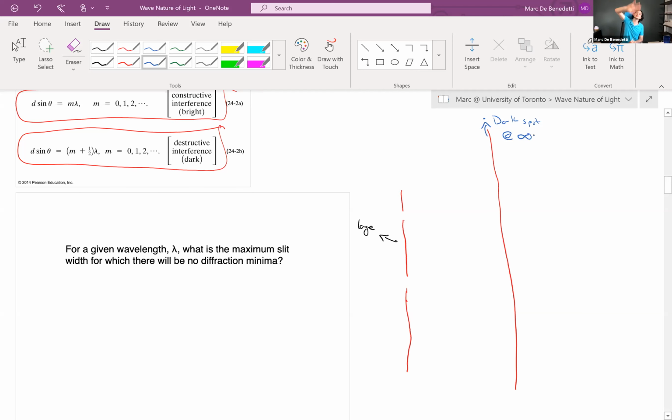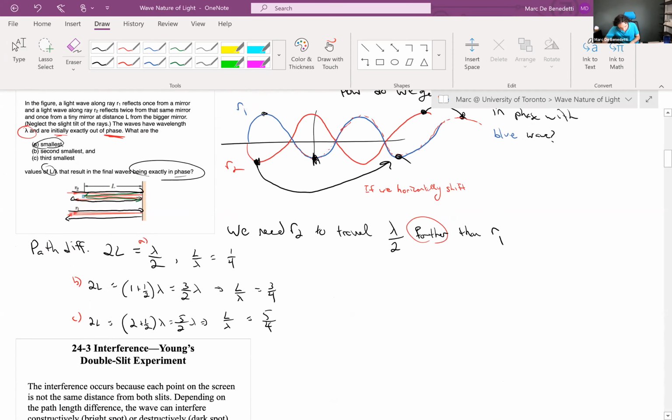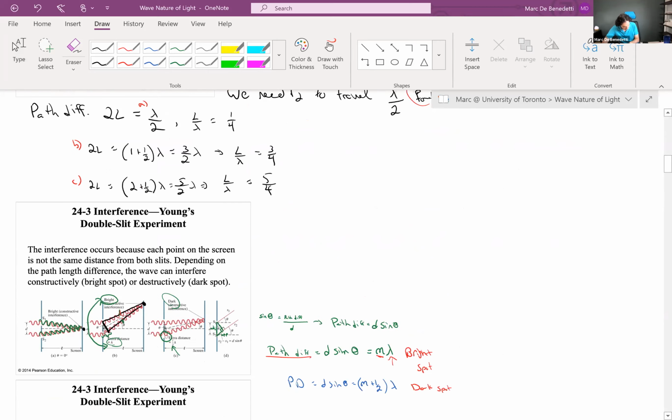It happens infinitely far up. There's no dark spot. It happens way, way up there. Well, what would the angle be then for really, really far up there? Don't forget the angle theta that we're measuring.